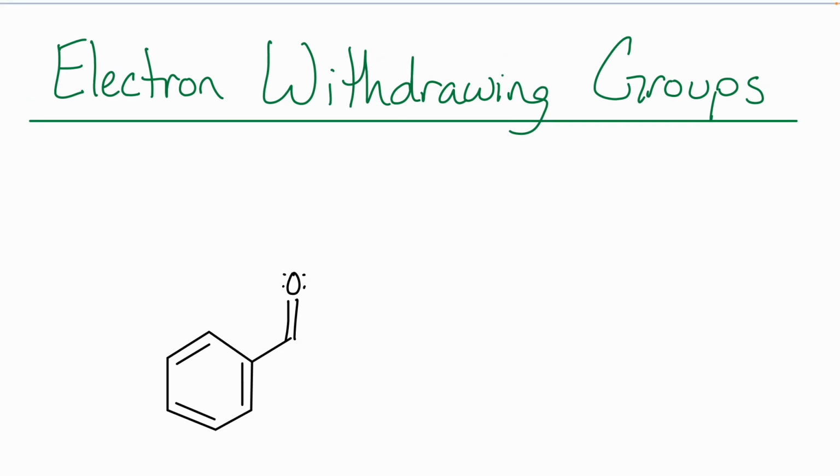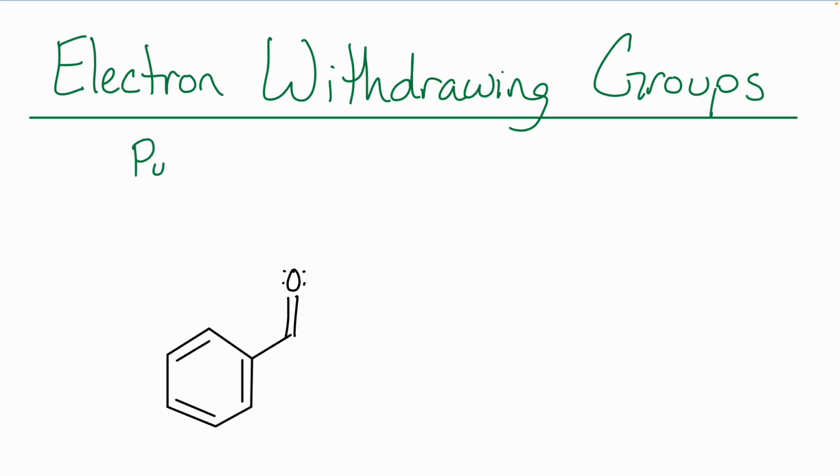So on the flip side to what we saw with our electron donating groups, these are going to pull electron density from that ring.